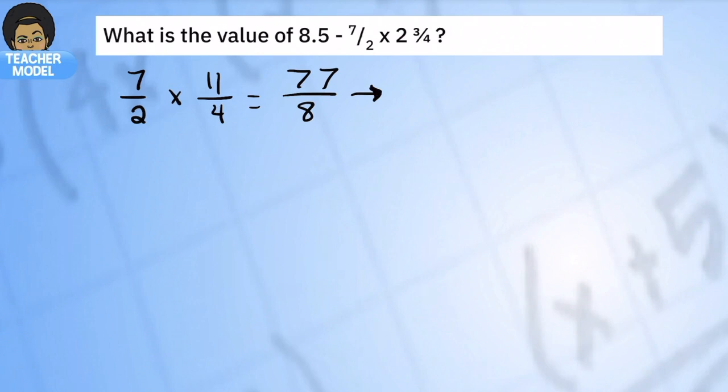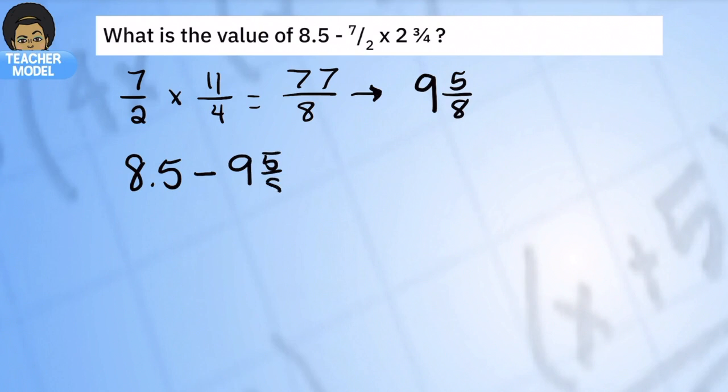If I have to do any multiplying with 77, it's going to take me time and there's more room for error. So let's change this to a mixed number. I know 8 goes into 77 9 times, because 8 times 9 is 72, and that would leave me with 5 8ths left. So what I'm really going to have here is 8 5/10 minus 9 5/8.